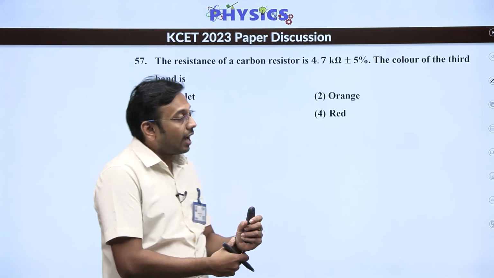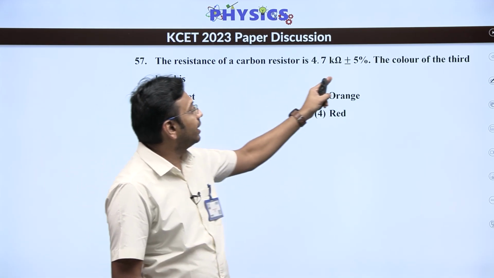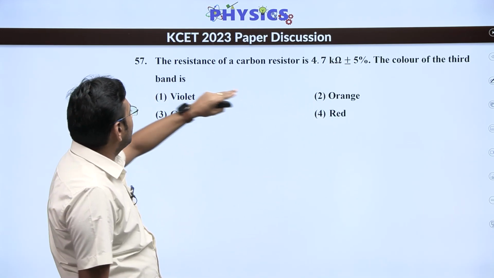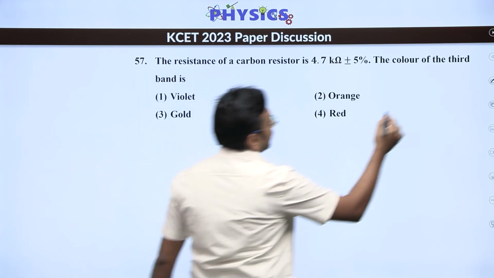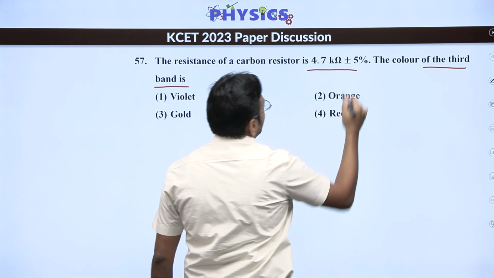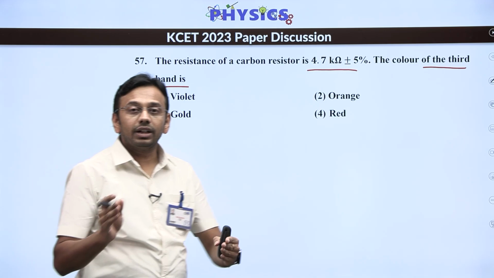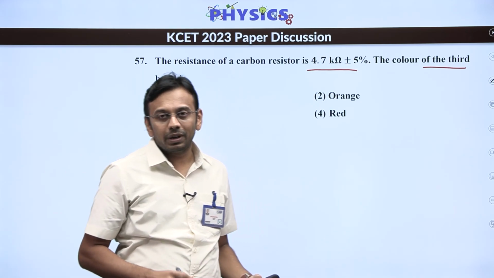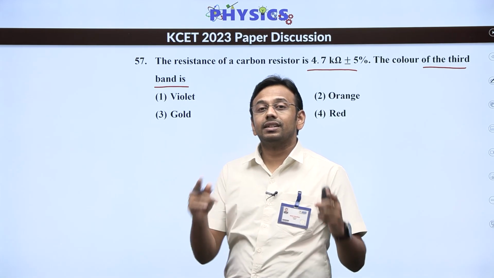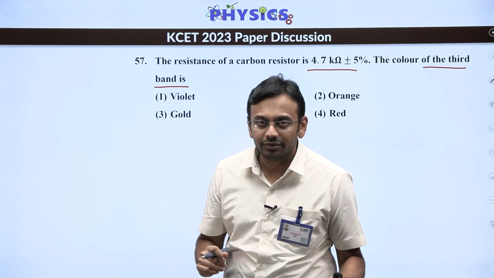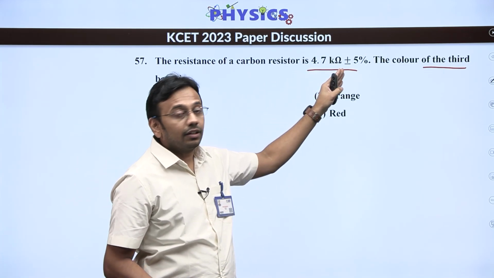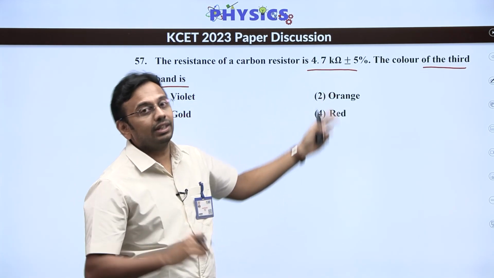The resistance of a carbon resistor is 4.7 kilo ohm plus minus 5%. They want us to identify the color of the third band. What is the color of the third band? Now see, this is given in scientific notation 4.7 kilo ohm plus minus 5%. But when we are finding the resistance using color coding, then we have to write first two digits without the decimal.